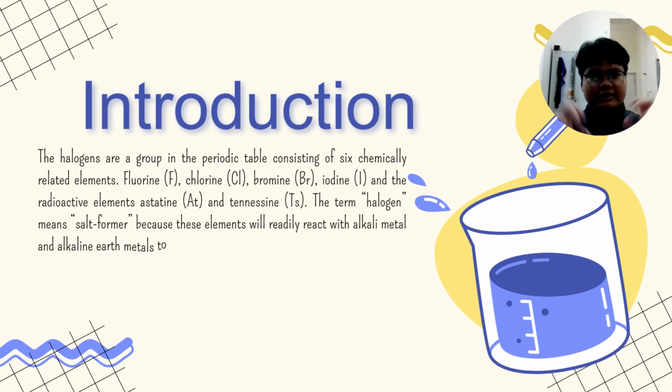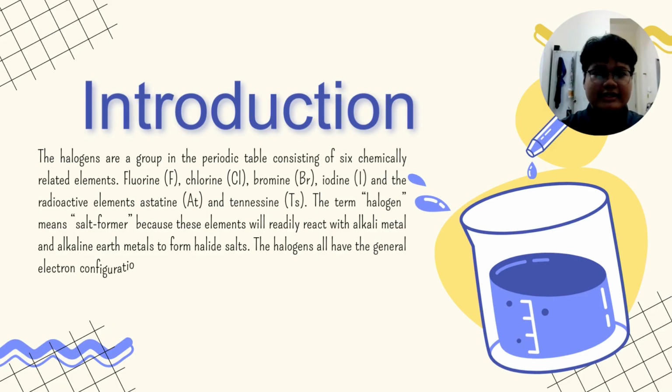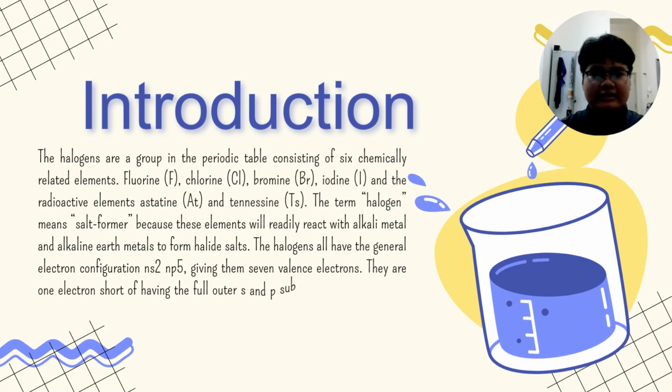The term halogen means salt former, because these elements readily react with alkali metals and alkaline earth metals to form halide salts. The halogens all have the general electron configuration ns2 np5, giving them 7 valence electrons. They are 1 electron short of having a full outer s and p sublevel, which makes them very reactive.